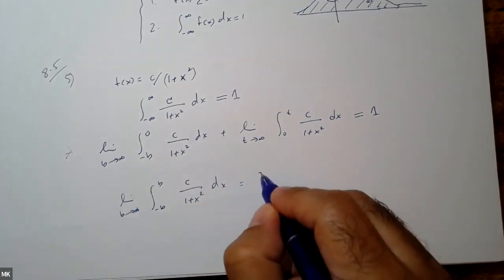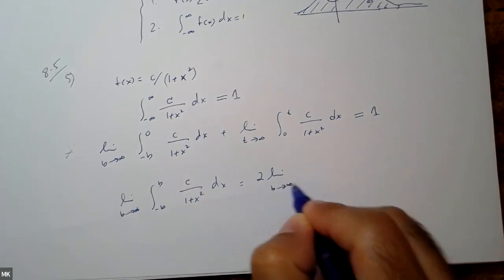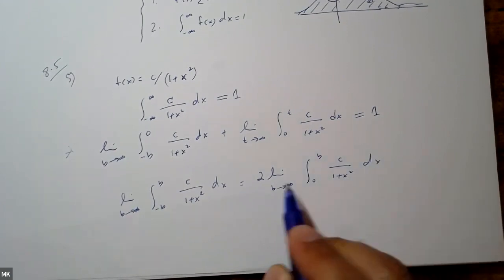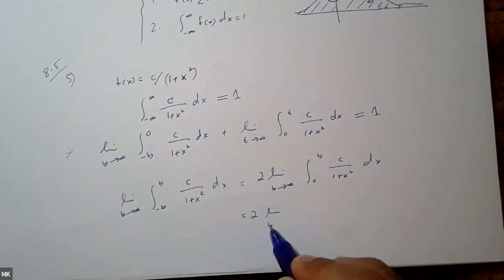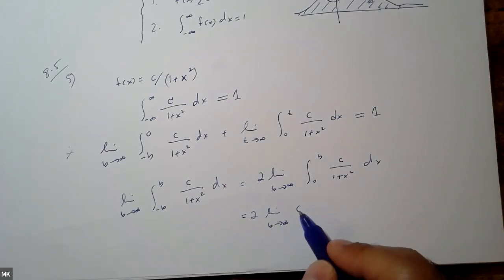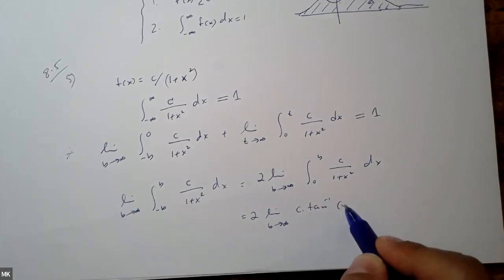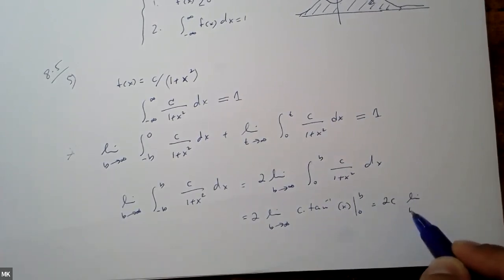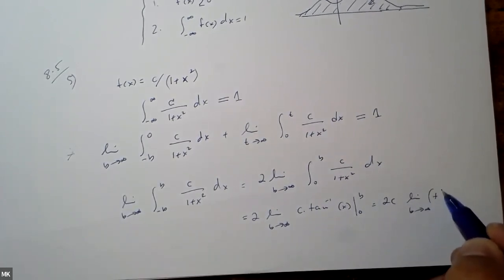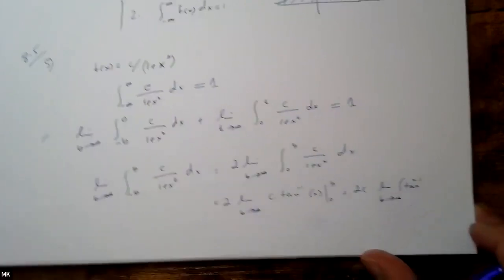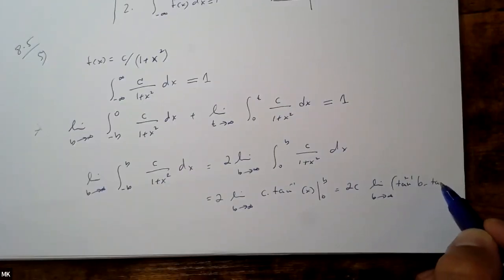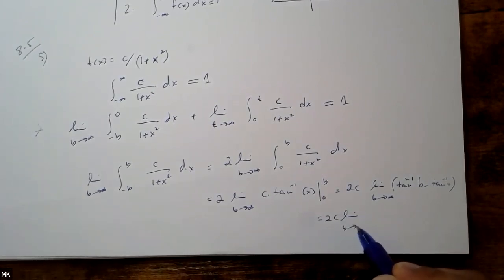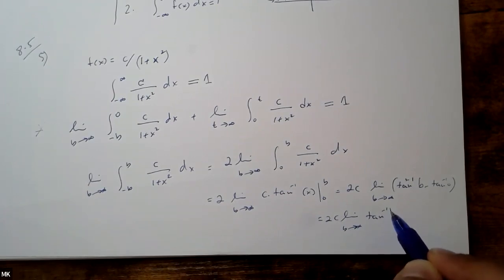So I can rewrite it as 2 limit as b goes to infinity of the integral from 0 to b of c over 1 plus x squared. 2 limit as b goes to infinity of c tan inverse of x from 0 to b. Just 2c limit as b goes to infinity of tan inverse of b minus tan inverse of 0, which is 0. 2c limit as b goes to infinity of tan inverse of b.